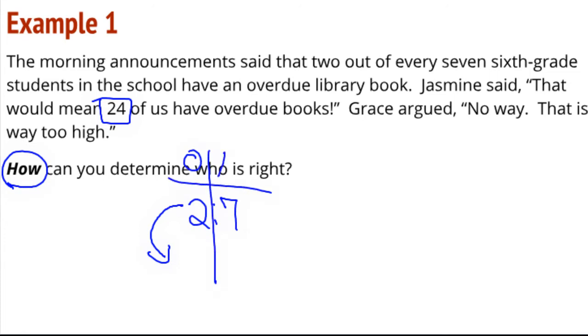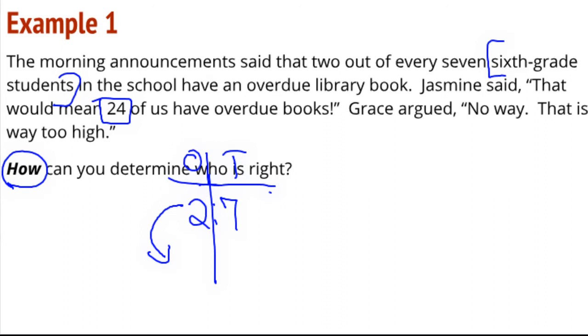So we have overdue and not overdue. Oh, wait a minute. Boy, I almost made a mistake right there. Overdue, and this 7 here represents the total number of students, the 6th grade students, the total, and the overdue is the 2.